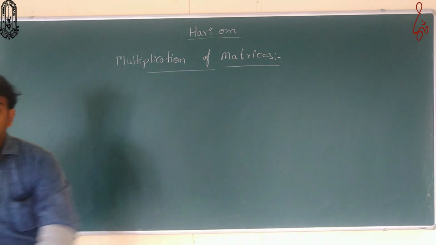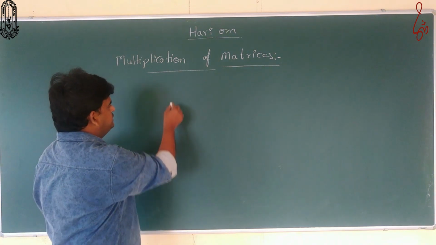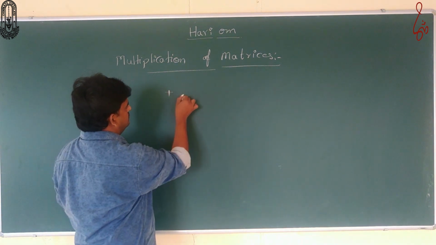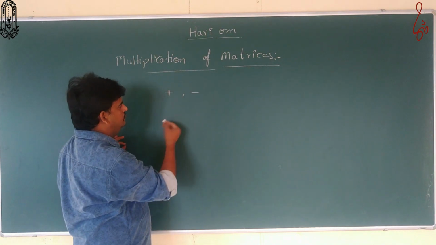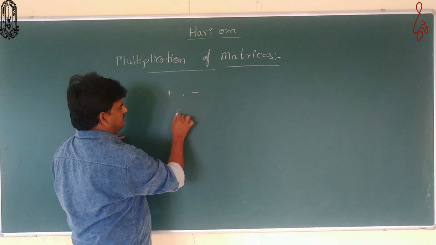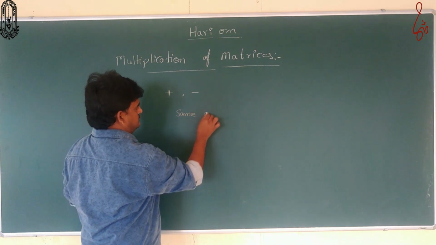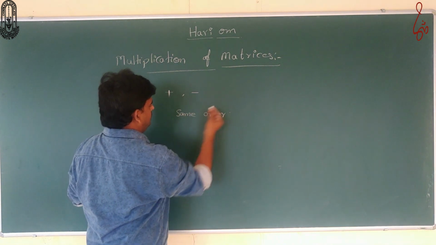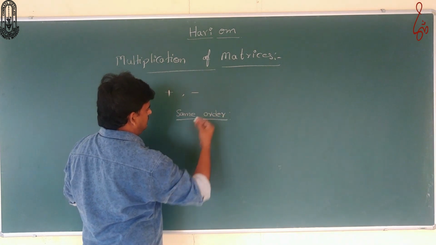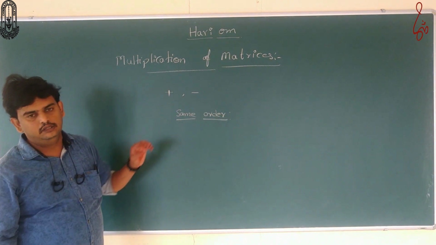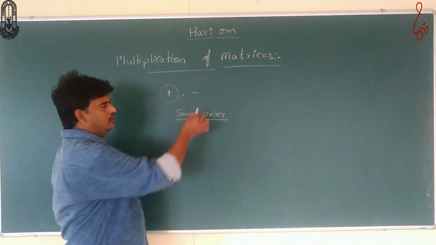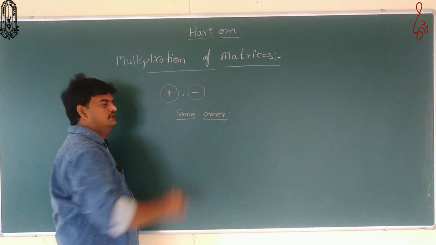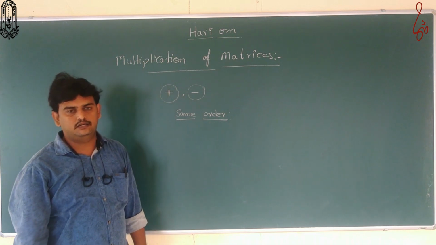As we know, to find addition or subtraction of matrices, we need same order matrices. When the matrices are in the same order, then only we are able to find the addition and we can find the difference of the matrices.